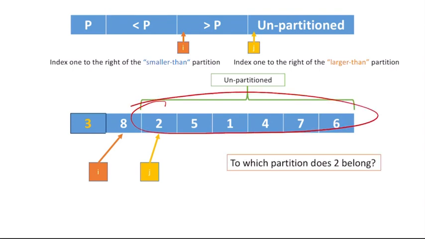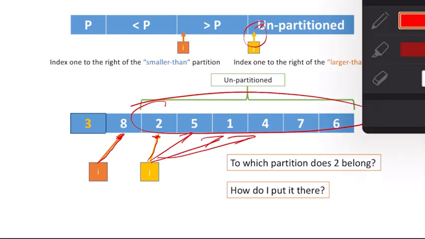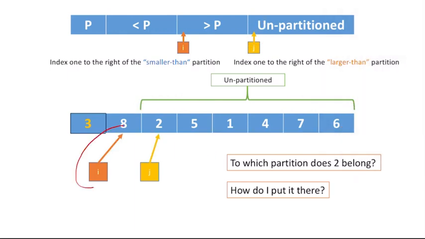To which partition does 2 belong? 2 would belong to the less than partition. How do I put it there? Well, again, i should always point to the first element of the greater than partition, and j should always point to the first unpartitioned element, essentially. So what do I do with j is pretty simple. I always will increment j. But how do I increment i? Well, if I increment i and have it point at 2, that would mean that 8 is to the left of 2, which would put it in the less than partition.